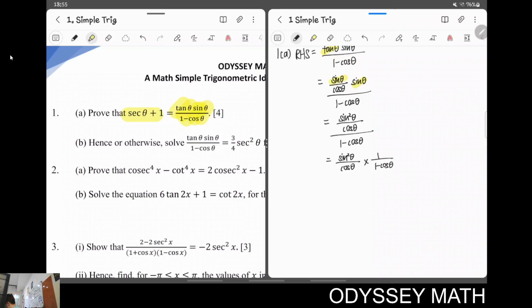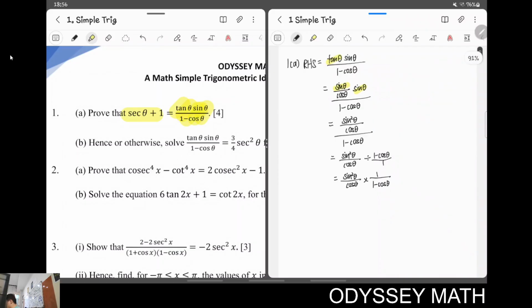Now, if you can't see this, maybe I write like that for the students who cannot see. Then we flip it to times. This is just to facilitate your understanding of the working, so that I try not to skip steps here.